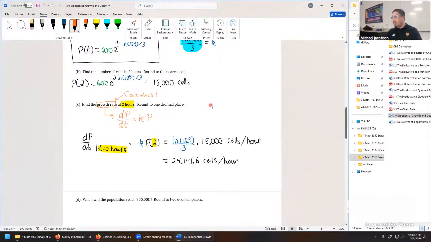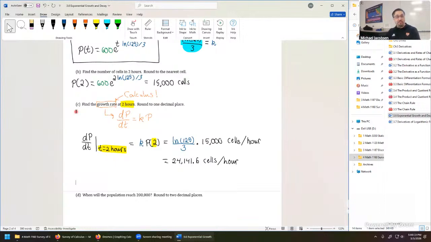But other questions so far? Okay. Well, these problems are kind of interesting as an applied problem in this section. That's the end of the calculus, just getting the derivative evaluated at a specific time.